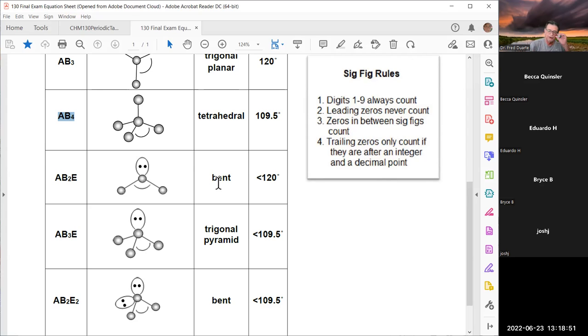Now, here's another thing to keep in mind. These lines here represent the bonds. We have 4 bonds from the central atom A to whatever B is, and it could be anything. It could be hydrogen, it could be chlorides, or any combination thereof.